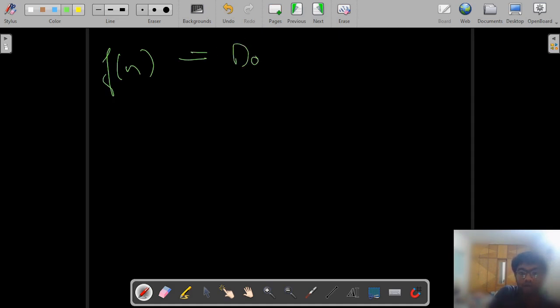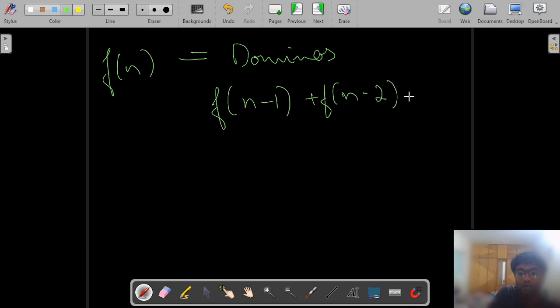Considering a simple dominoes base case, we said we might be having f of n minus 1 plus f of n minus 2, and it might go on till f of 2 plus f of 1 plus f of 0.